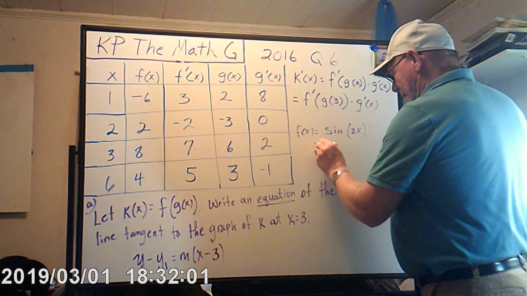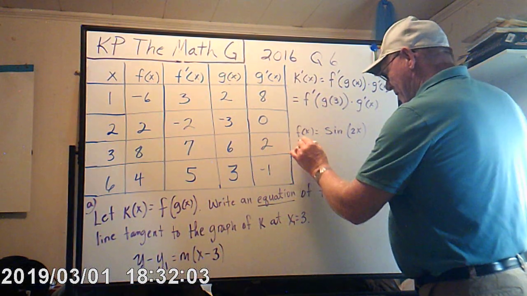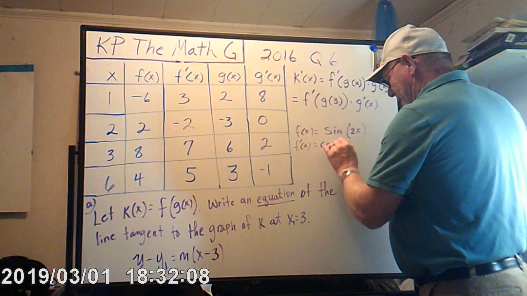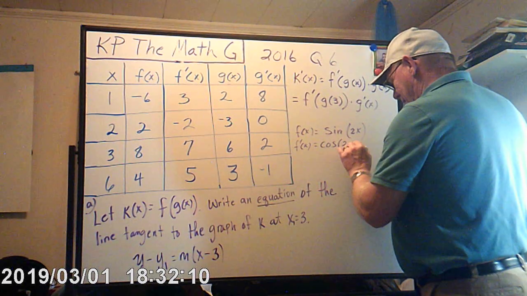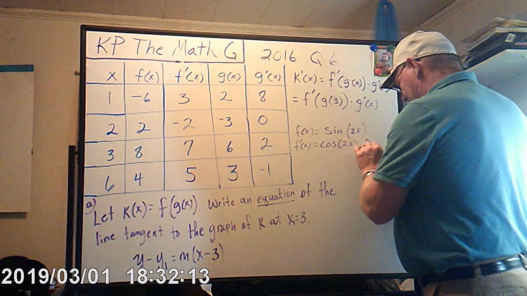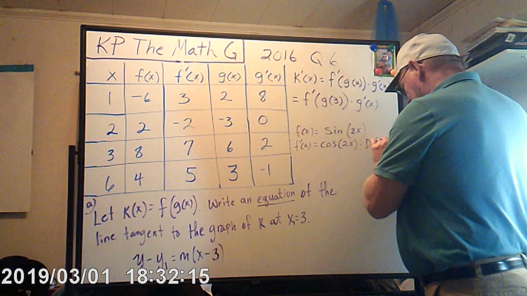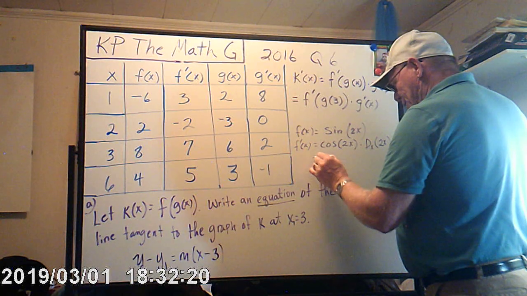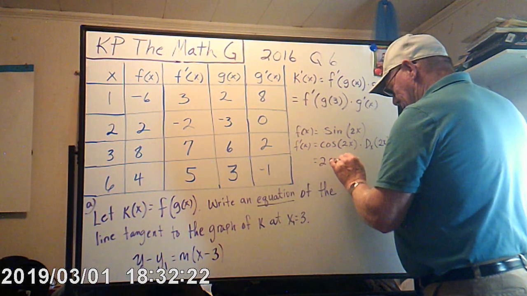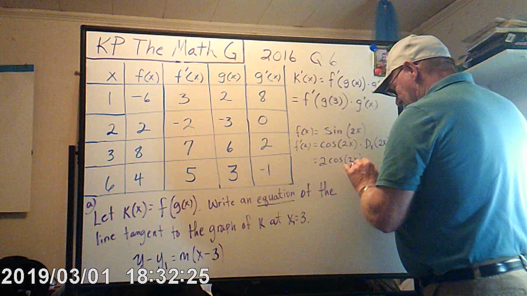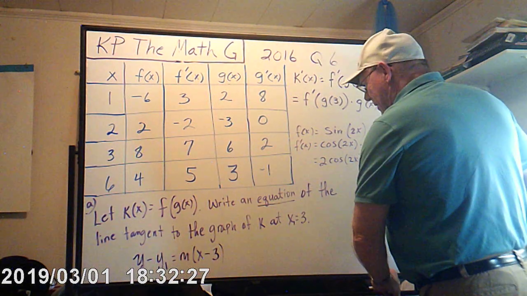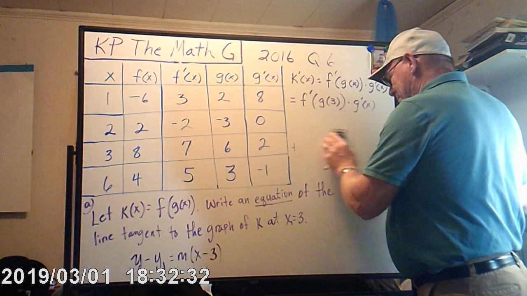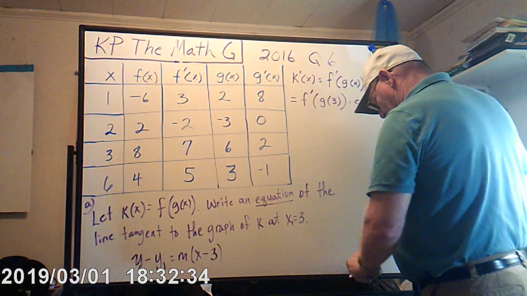So you would take the derivative of sine, which is cosine, and then not do anything here, times the derivative of 2x, which is really just 2. So this would be equal to 2 cosine of 2x. That's really what this is about here. Just kind of keep that in mind. That's really like a composite function, and that's what you're dealing with.